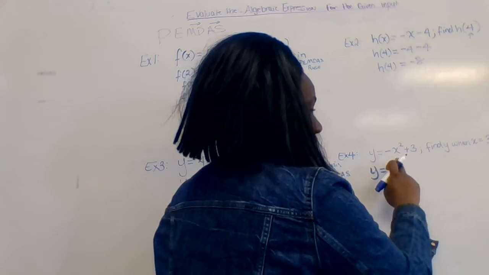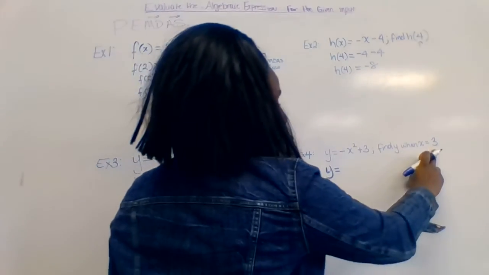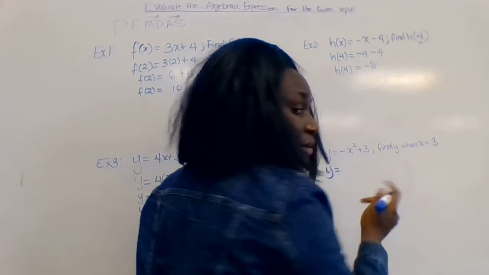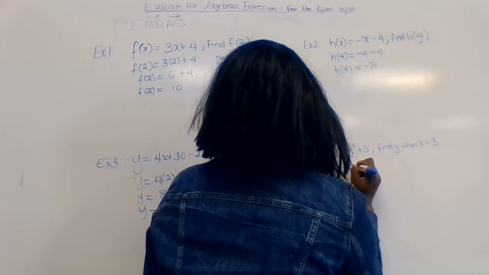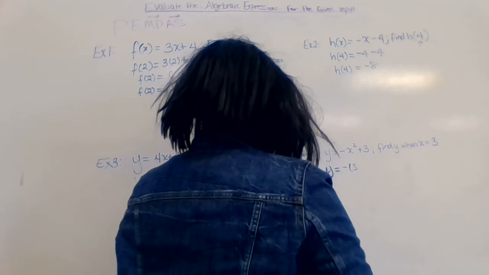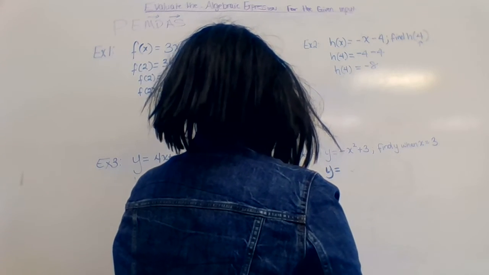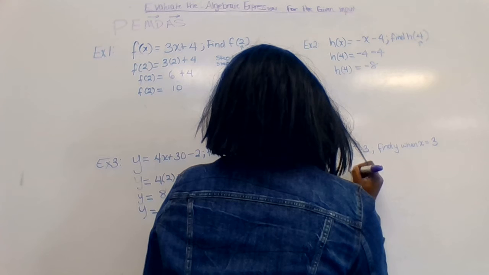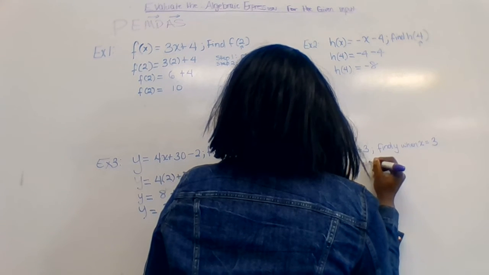And where I see x, I'm going to replace what it tells me to, which in this case, it tells me to replace it with 3. And remember, always put your parentheses. This minus is going to be outside my parentheses. So I'm going to do parentheses 3. Then I will proceed to square it plus 3.